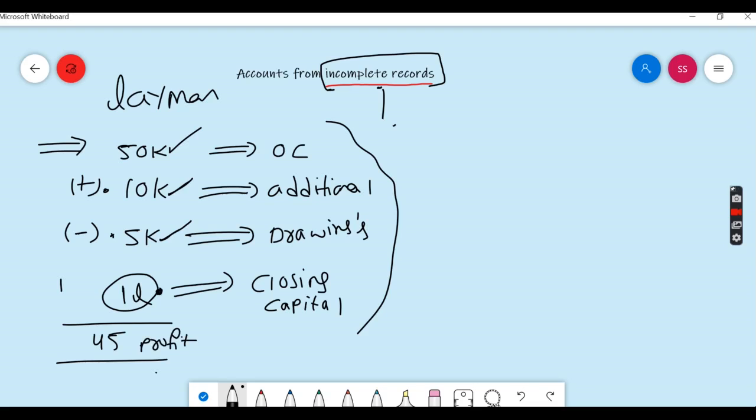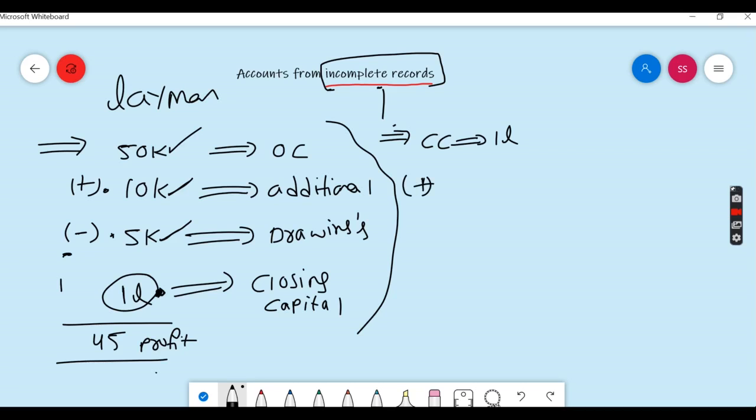In the same way, but we are doing it in the reverse method. Since we are preparing books at the end of the year, our format will start from here. We know that closing capital is 1 lakh, and then whatever you have minused here, you need to do plus here.